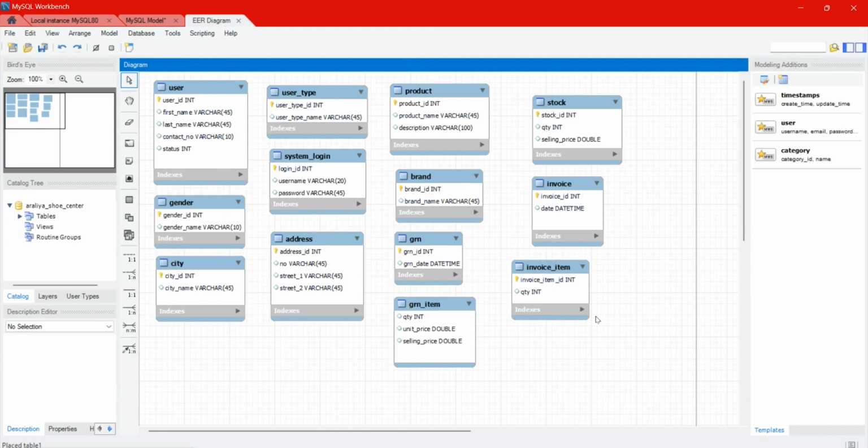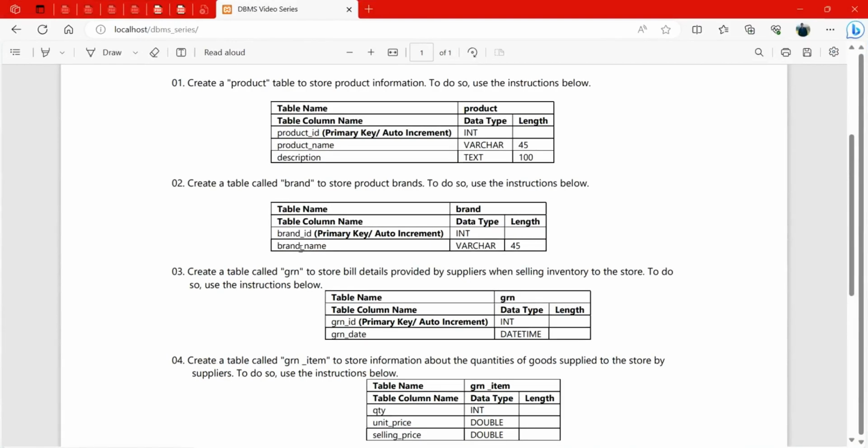So we have created all our tables according to question set number 32.